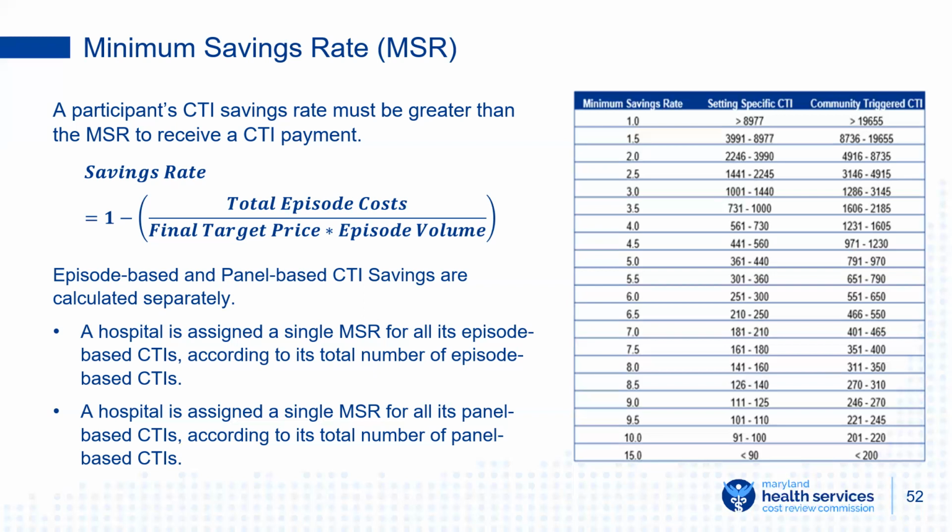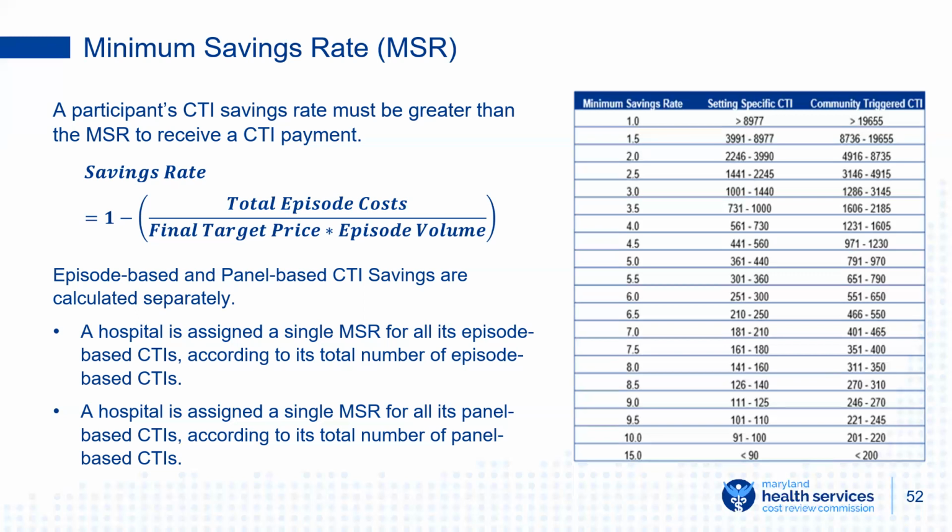These are just based on power calculations to determine how big of a difference we have to see to be confident that what we're seeing is genuine savings and not noise in the population. And you'll have an MSR set for each program year. So if your participating CTIs change from performance year to performance year, say you add another high volume CTI, your MSR will be updated for the subsequent performance year to reflect that.